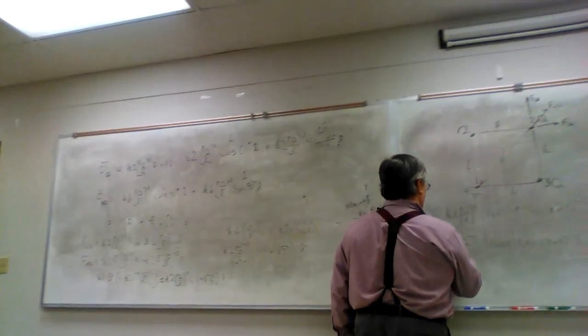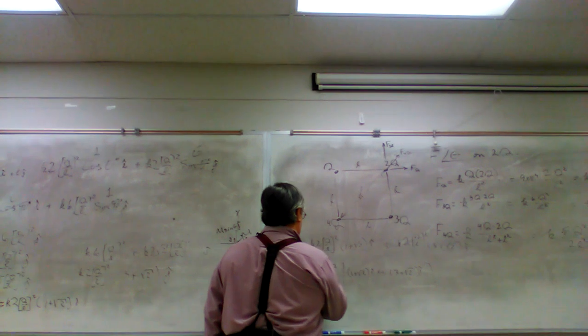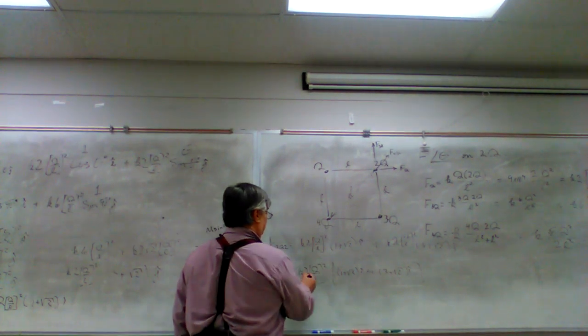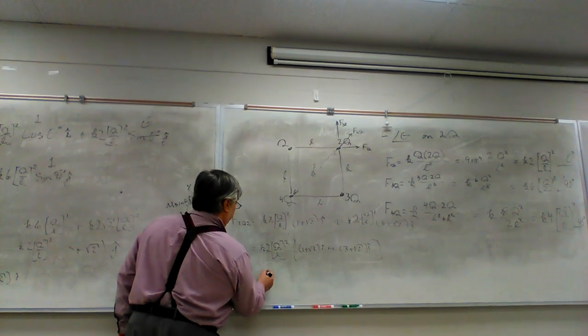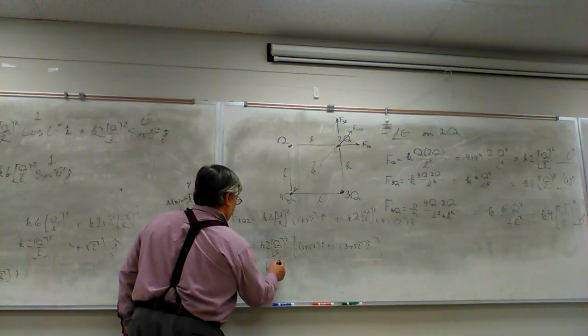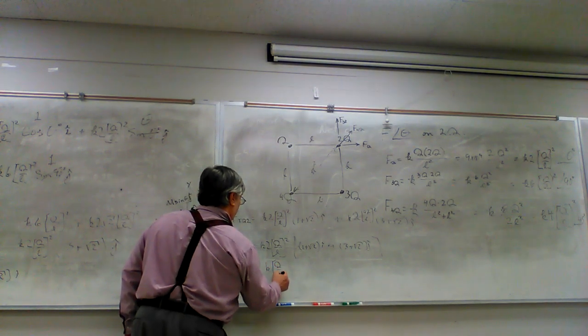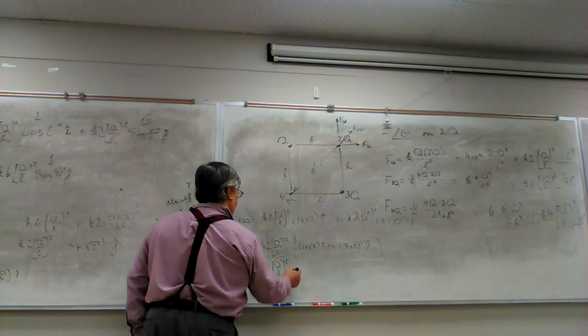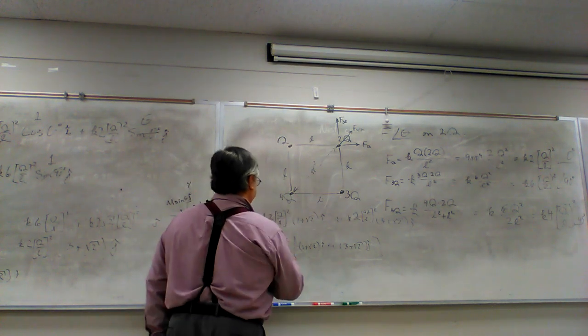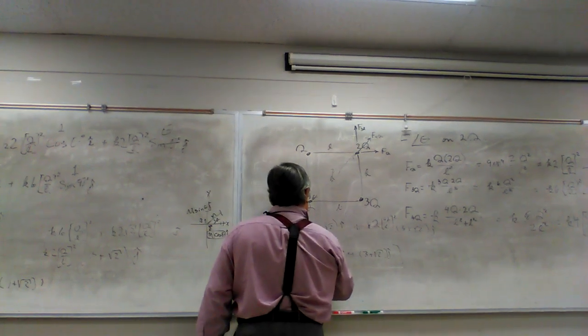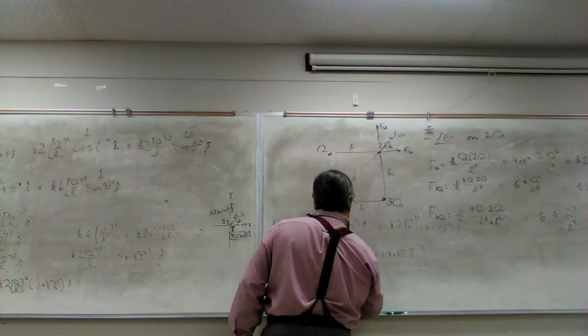They didn't factor out this 2, so we're going to put that 2 back in. They leave it with K times Q over L quantity squared times 2 plus 2 times the square root of 2.